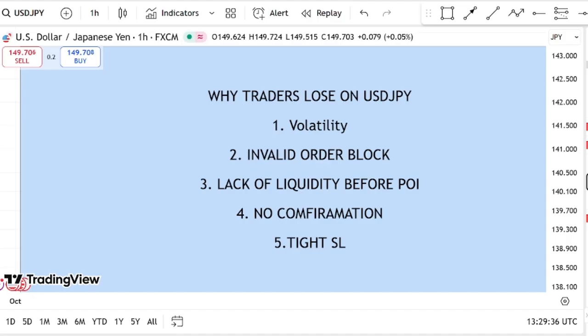Welcome to class today, and today we'll be looking at why most traders lose on USDJPY and how to flip the script. USDJPY is a very volatile pair, as you know.